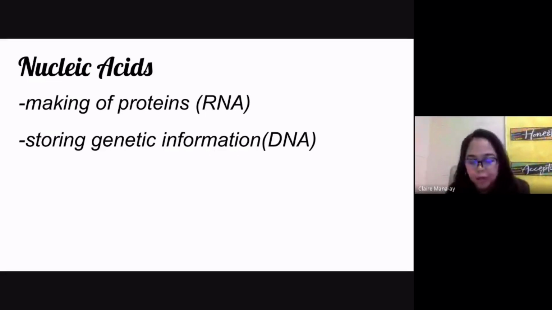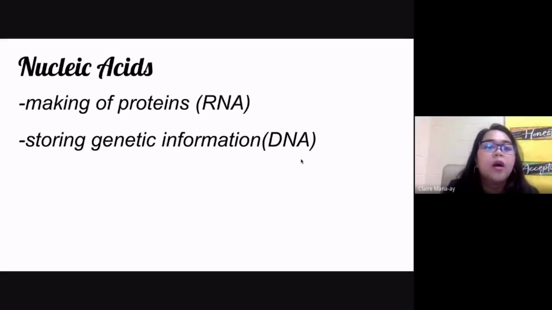It stores genetic information, which actually is the reason why you look like your father, you look like your mom, or you may look like a combination of the two of them. It's because of the genetic information coming from your parents, and this, of course, is stored in your DNA. That's your deoxyribonucleic acid.